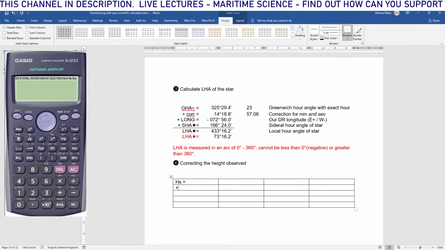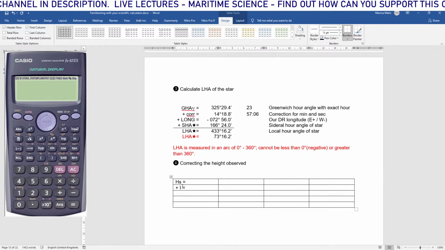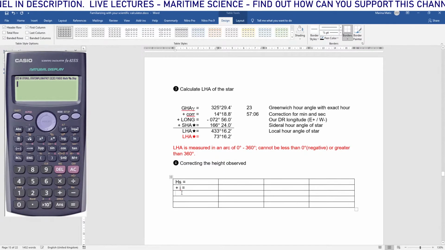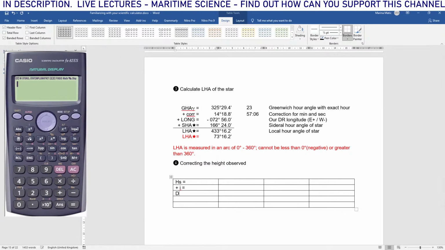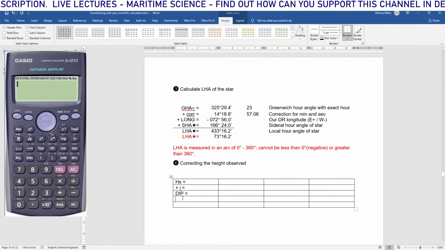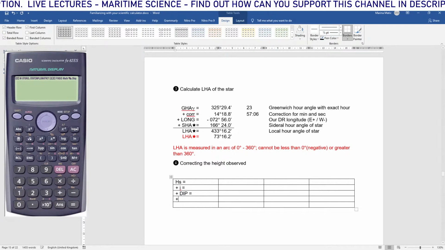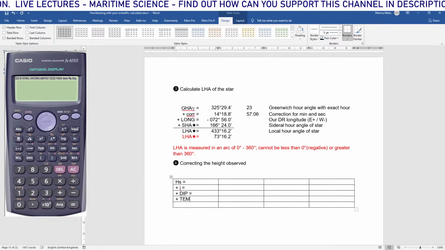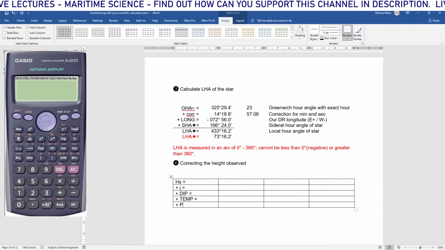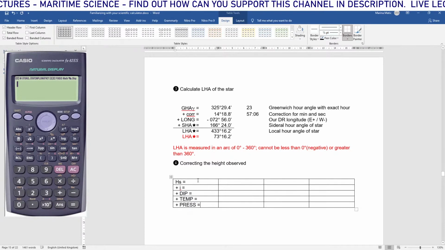We have our device error, we call it temporarily the error E, index error. We have dip, because we didn't jump in water to measure, so it's plus dip. We have correction for temperature, and we have correction for pressure.